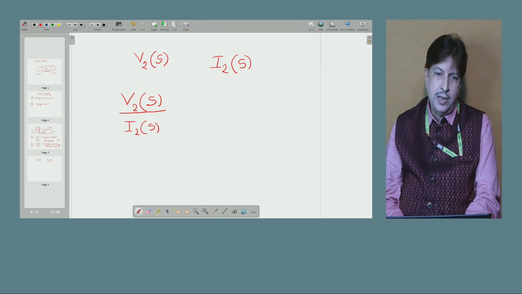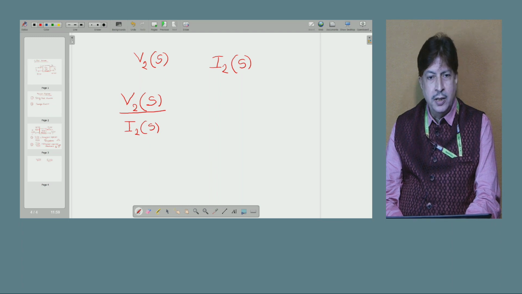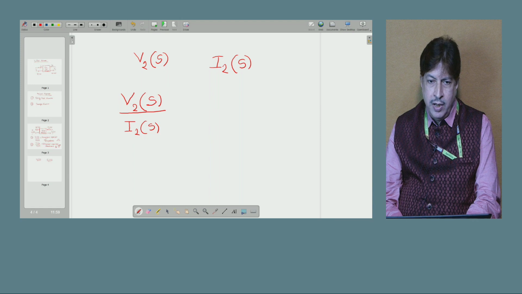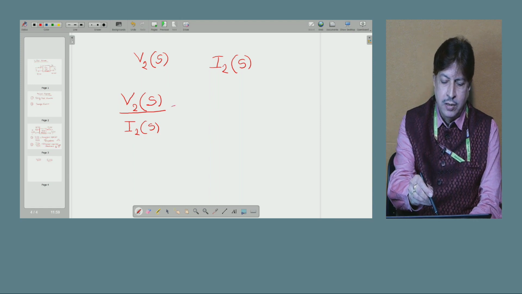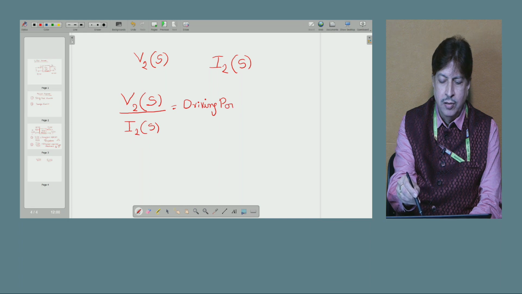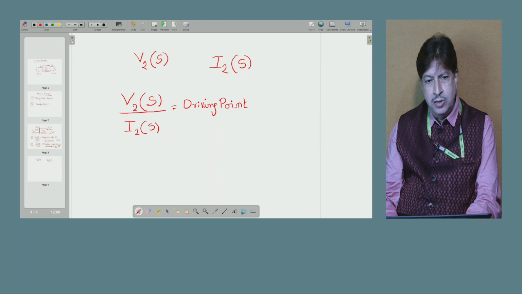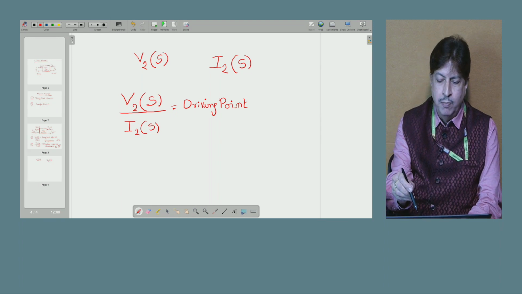So what is the appropriate name we can give to this driving point function? It is driving point. Which port variables are these? They belong to the output port.